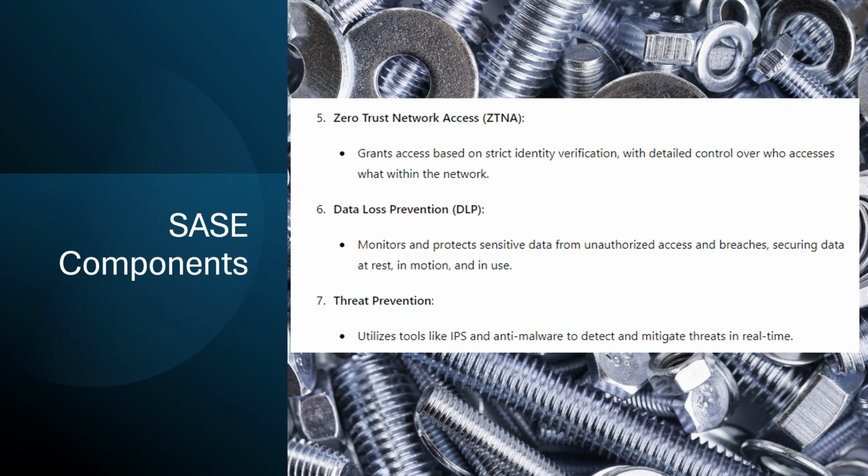Six, Data Loss Prevention, or DLP, which monitors and protects sensitive data from unauthorized access and breaches, securing data at rest, in motion, and in use. And seven, threat prevention, which utilizes tools like IPS and anti-malware to detect and mitigate threats in real time.